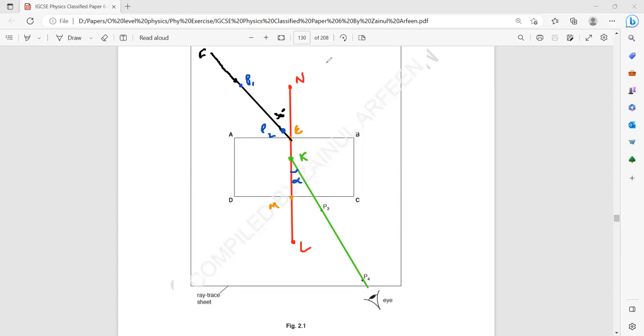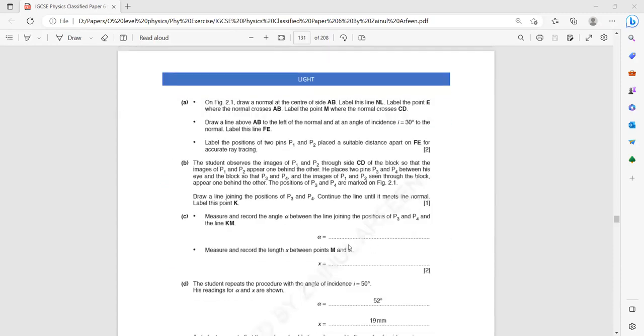Then record that value. According to your measurement, you write the value for alpha. It can be any number, for example 25 or 30.